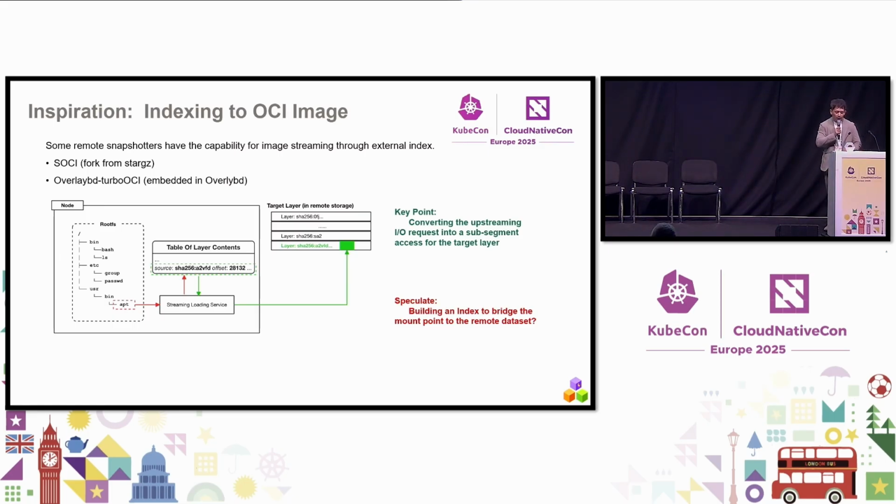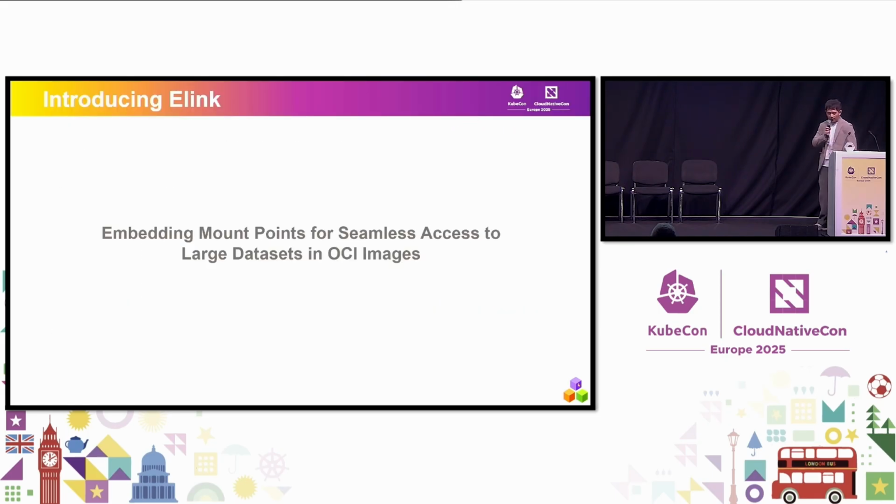So, taking a bold speculation, could we build an index for the entire storage bucket? My answer is yes. I'd like to introduce you to E-link. That solution can create a mount point for accessing remote data through OCI artifact and no need to package them.